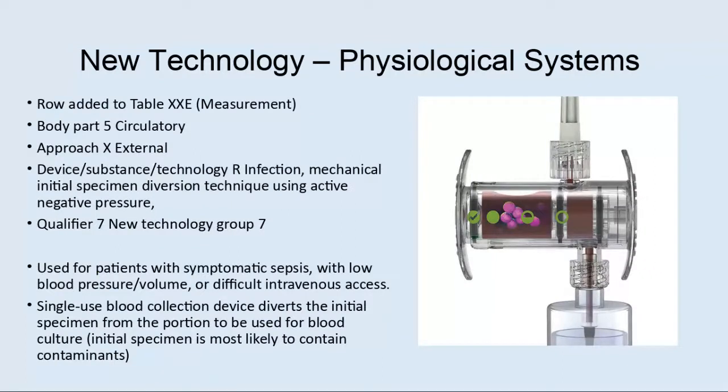Also in the physiological systems section of new technology is a new device, R, which is infection, mechanical initial specimen diversion technique using active negative pressure. Boy, these are getting really complicated, aren't they? This is used to drain off the initial specimen of blood taken, since it is more likely to be contaminated.